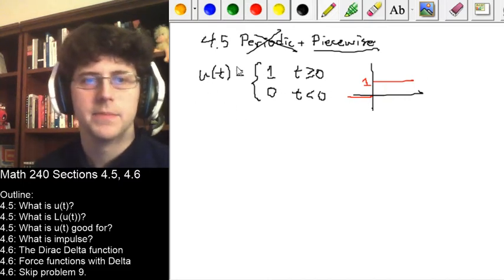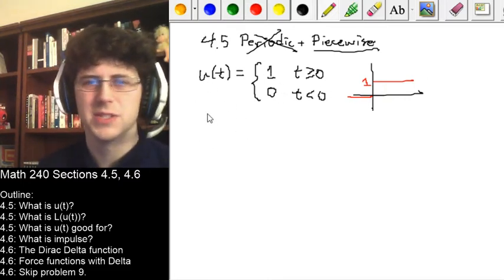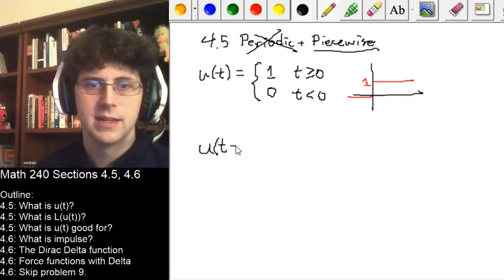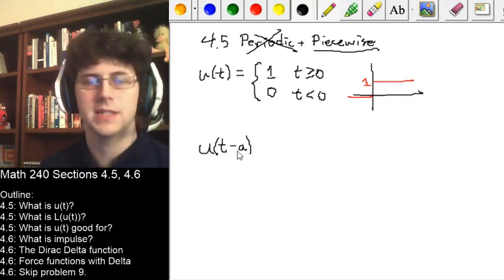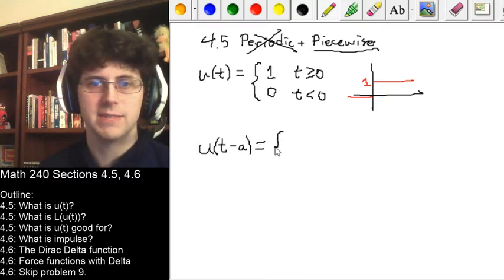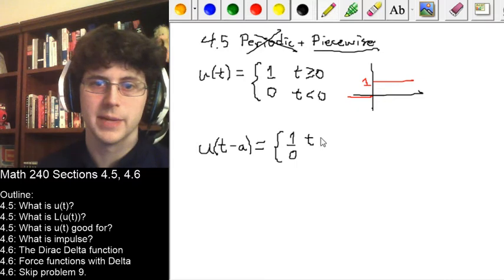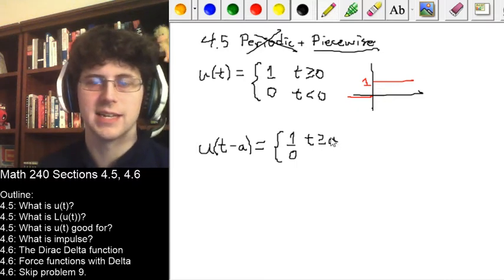Okay, u of t is fine, but we don't usually use u of t specifically. We usually use a shifted version of u of t. If you move u of t over to the right by a units, then you get the same function. It's sometimes on and sometimes off, but it turns on at a different time because you moved it over by a units. So it turns on at time a.